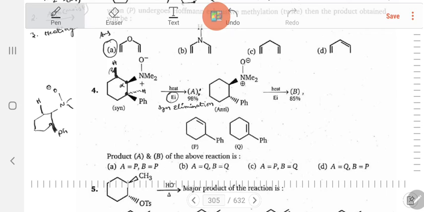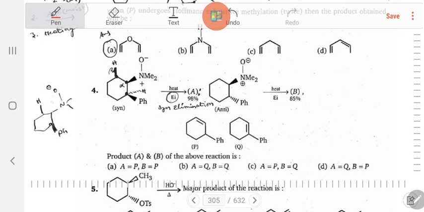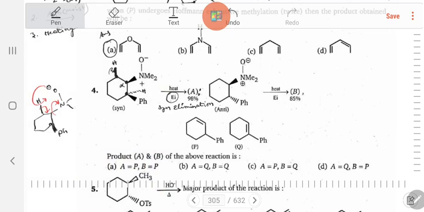So the reaction proceeds in this way. This will abstract this hydrogen, then this bond will be shifted here, and then this bond will be shifted here, right? So here is the positive charge. That positive charge will vanish. Now this leads to product formation. So the obtained product will be, you will get a double bond here.